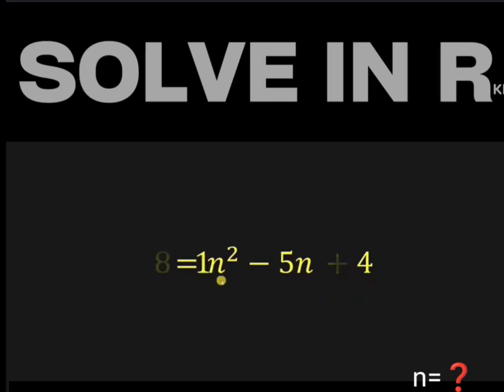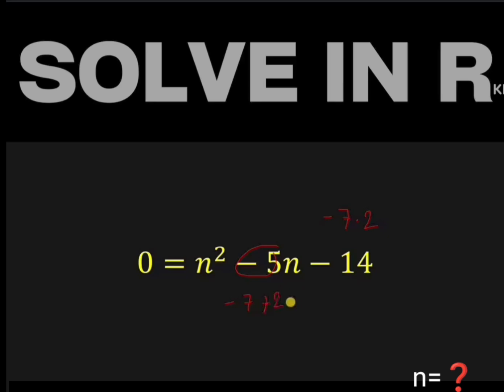If we do that, we get 0 equals n squared minus 5n minus 14. Now, we can easily factor this because negative 14 can be written as negative 7 times 2, and negative 5 can be written as negative 7 plus 2. So we can factor this as (n plus 2) multiplied by (n minus 7).